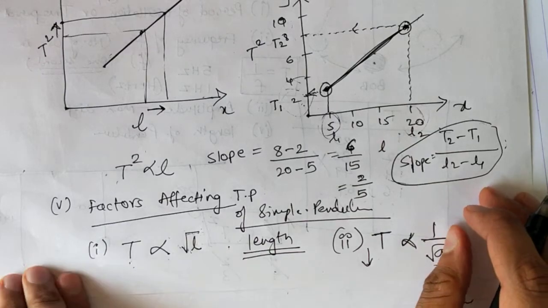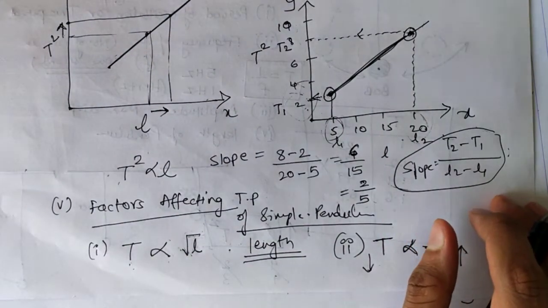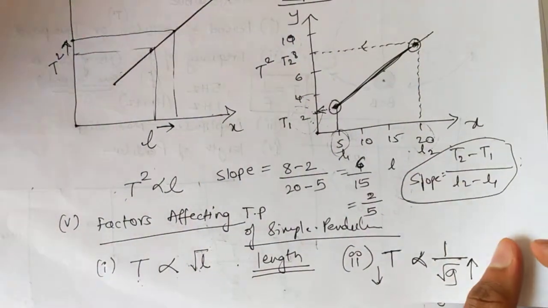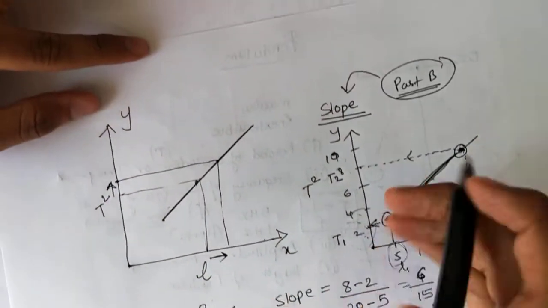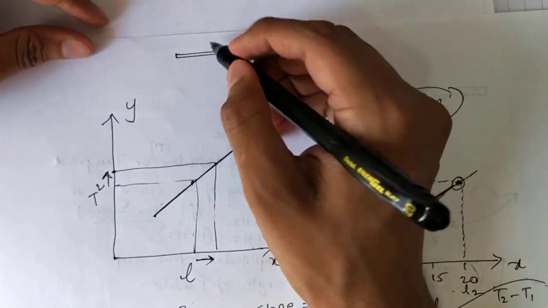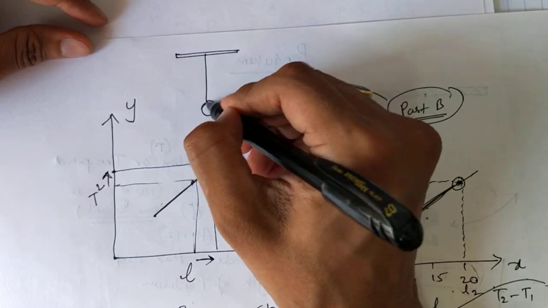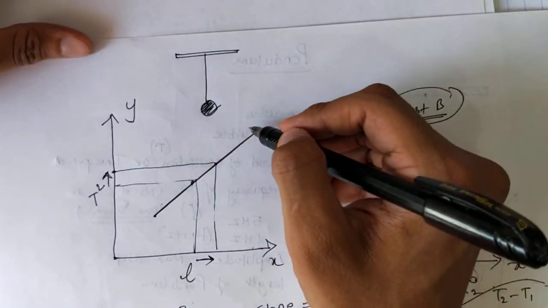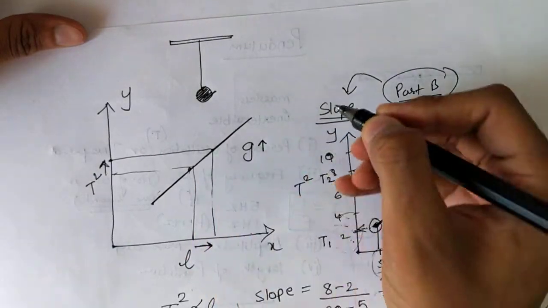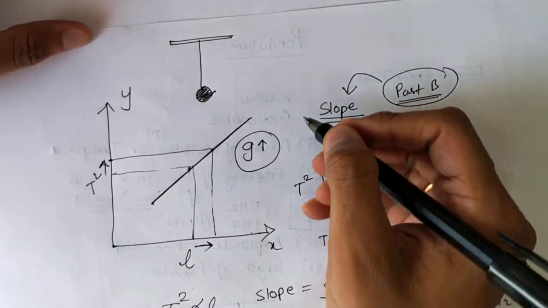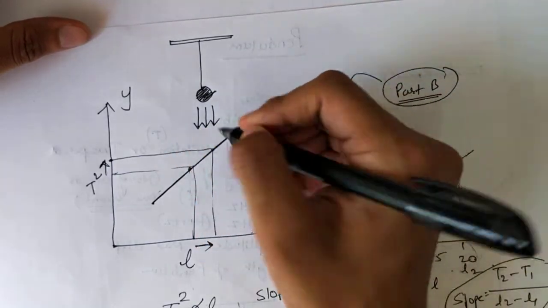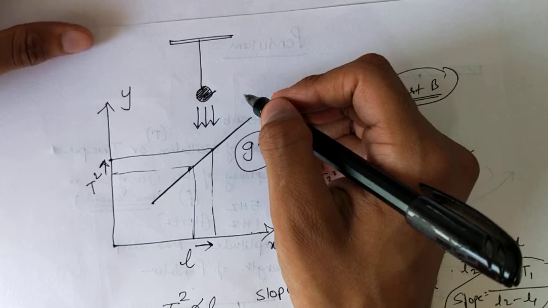Now you don't need to go deeper into it to understand how it happens, but still I'll give you a short explanation. It is not in your textbook, but understand. If this is a rigid support and this is a string and a bob is tied to it. If the value of g is high, it means the gravitational pull of the earth is more on this pendulum, correct?